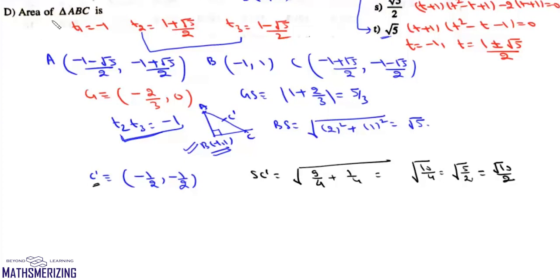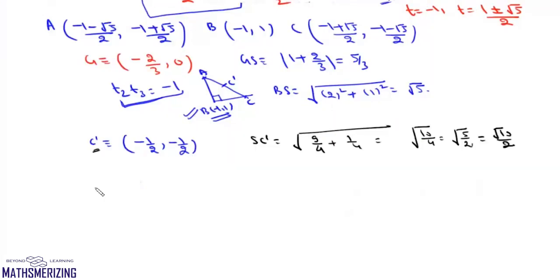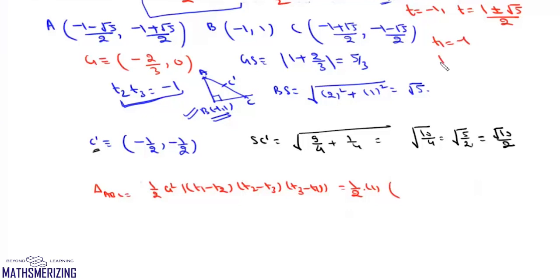And now this last one, which is the area of triangle ABC. The area of the triangle formed by tangents is given by 1 upon 2 a squared, times the modulus of (t1 minus t2)(t2 minus t3)(t3 minus t1). So it will be 1 by 2, and a in this case is simply 1. Here t1 is minus 1, t2 is (1 plus root 5) by 2, and t3 is (1 minus root 5) by 2.